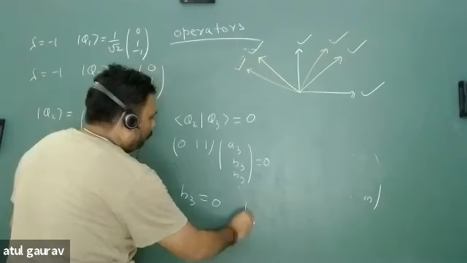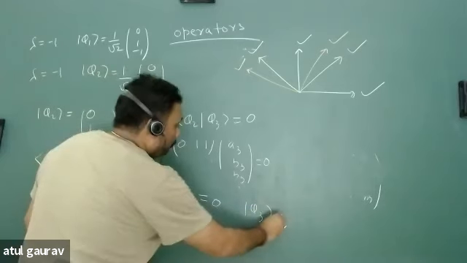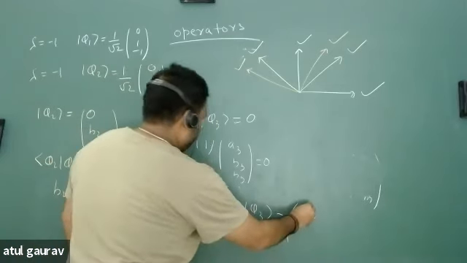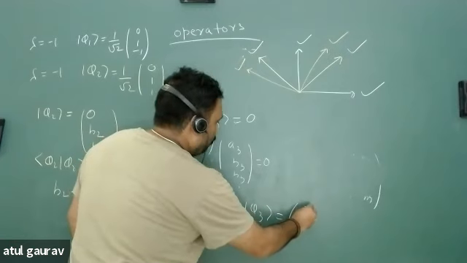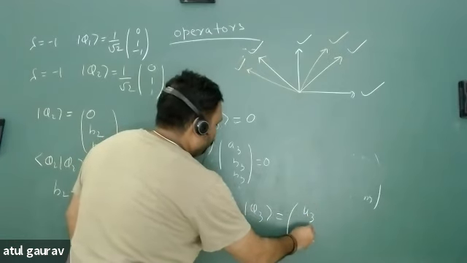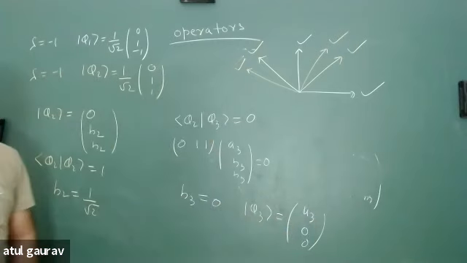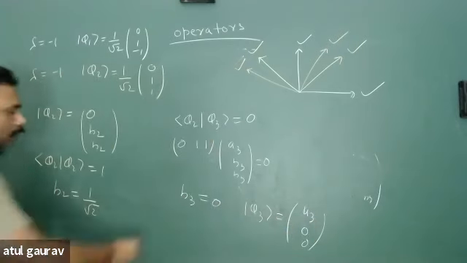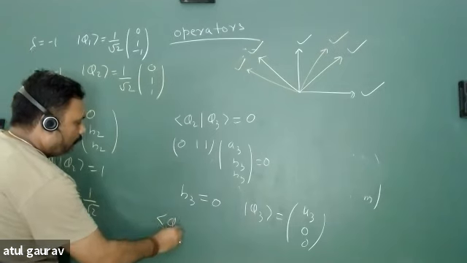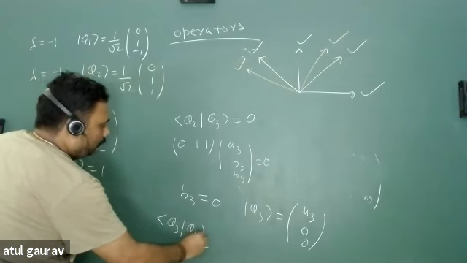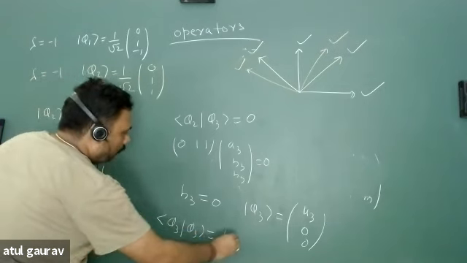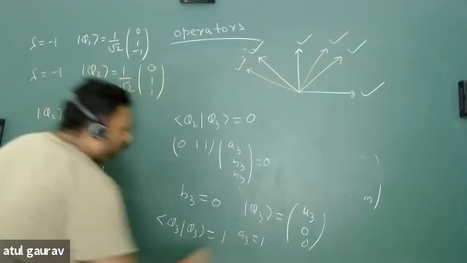So you have phi 3 must be a3, 0, 0. And now from the normalization, we can find a3. So from the normalization the norm of phi 3 is equal to 1. So a3 is equal to 1.